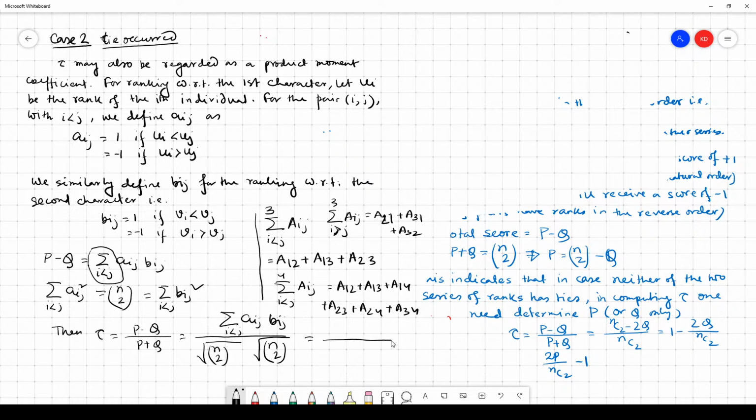This is nothing but the summation of aij square times the summation of bij square, and the summation of aij bij. So here we see that tau can also be written as the product moment correlation coefficient.